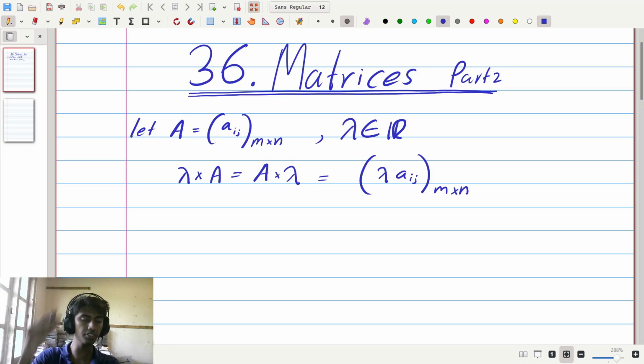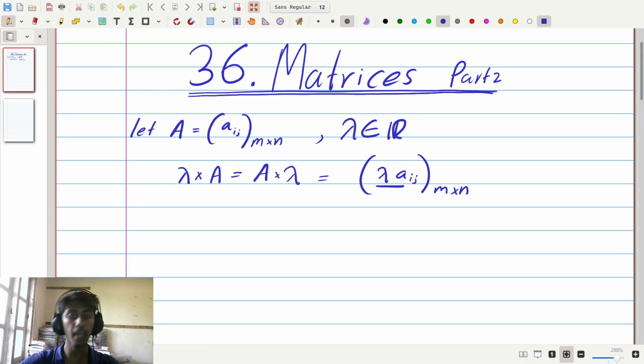So if you have lambda times A, where lambda is a constant and A is a matrix, all you have to do is take every single element in matrix A, multiply it by lambda, and write the result in a new matrix.